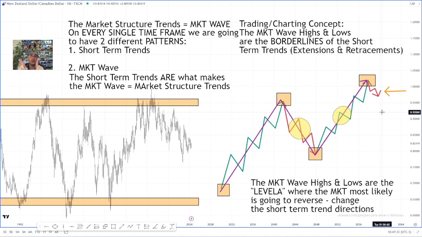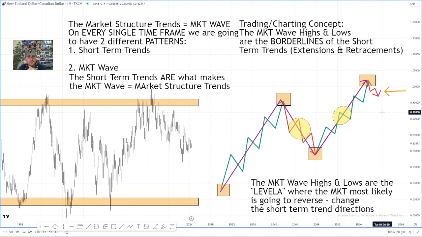This is the market wave and this is the short-term trend. The market wave is up and the short-term trend is down, and I'm on the 2-hour chart. What should I do?